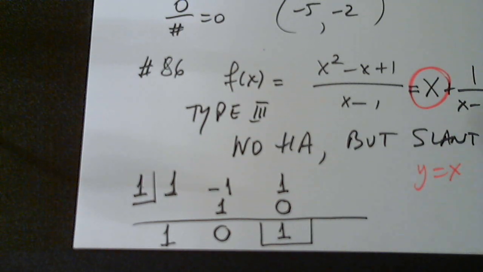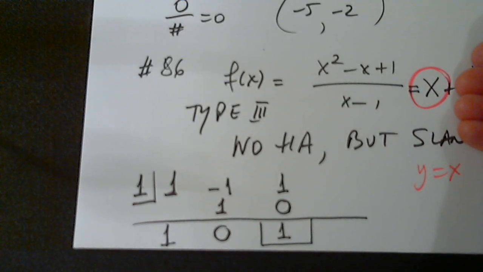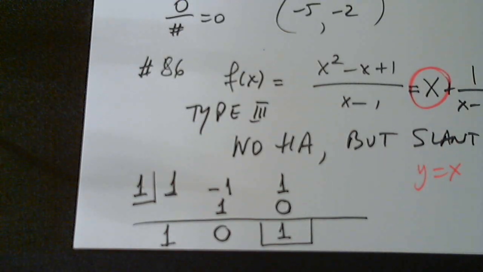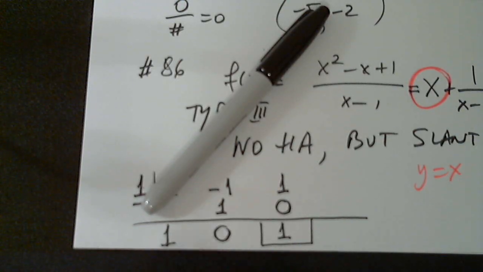Why just the quotient? Because this piece at infinity will go to 0. It's type 2. This disappears at infinity. Only this one gives us the slant asymptote and the behavior of the function. And since it's a positive x, the behavior of the function is this.